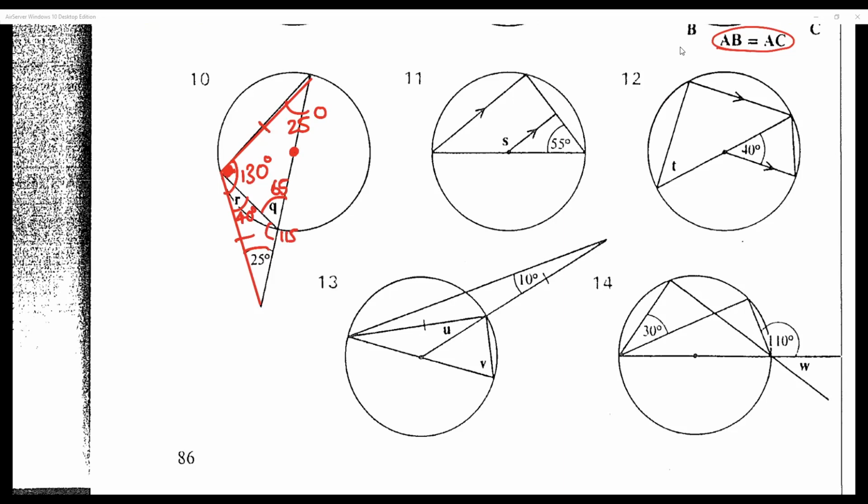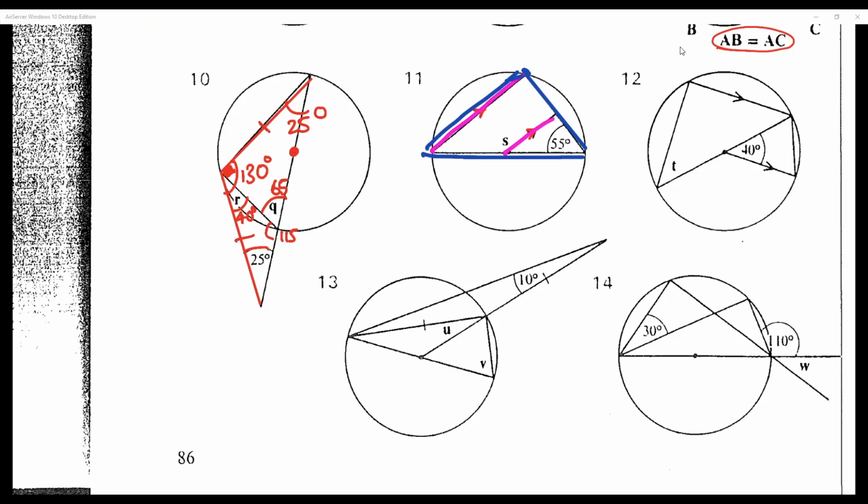Okay, question number 11. Right. Sally, what do you realize about these arrows? They're opposite each other. That means that these two lines are parallel. And tell me something about this triangle. The base angle is 55.